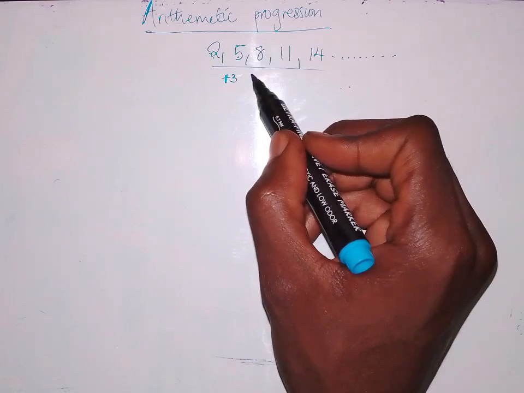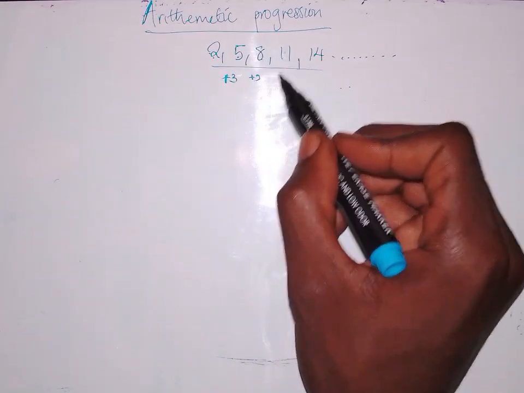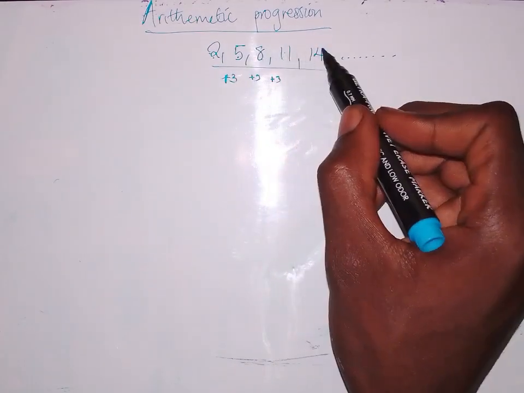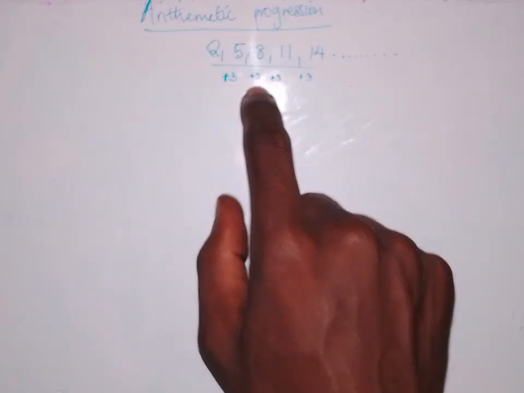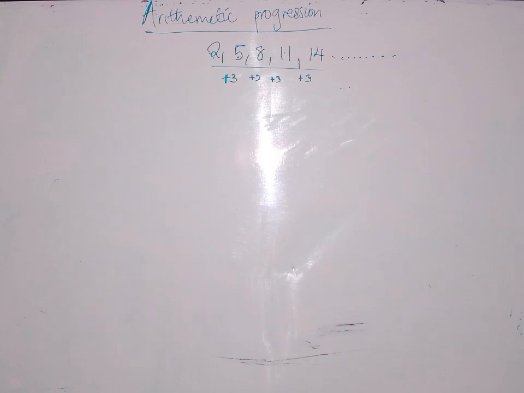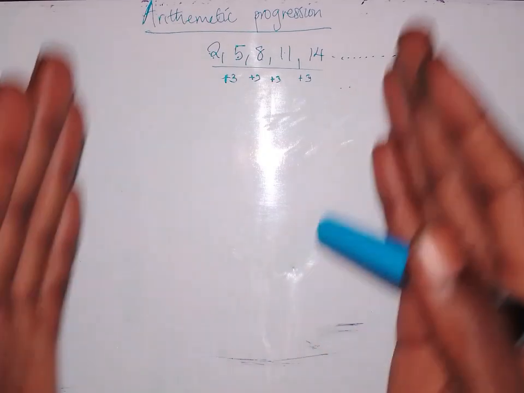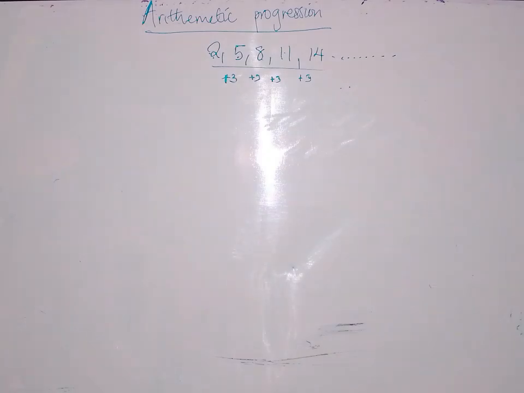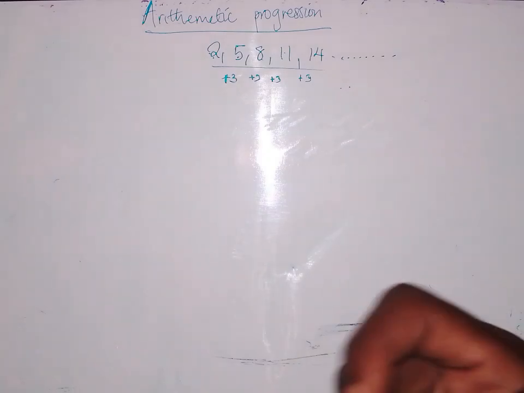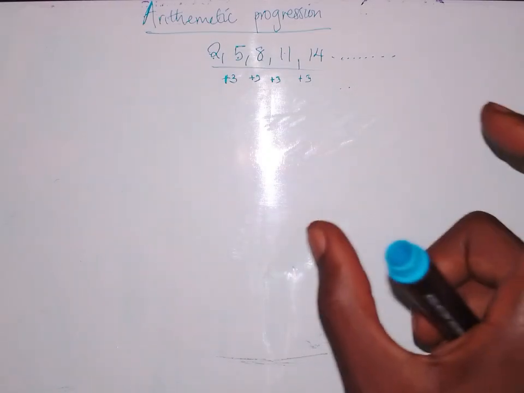From 5 to 8, we are adding 3. From 8 to 11, we are adding 3. From 11 to 14, we are adding 3. This is what it means when we say the difference is constant. The difference is not changing. This is what is known as an arithmetic progression, where the difference between consecutive terms is the same.